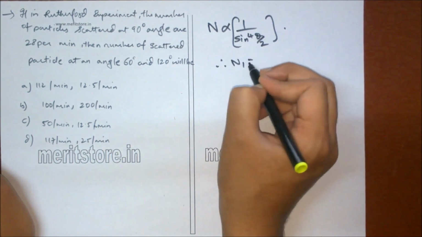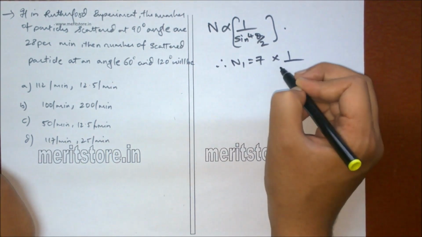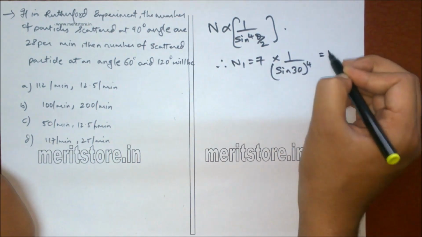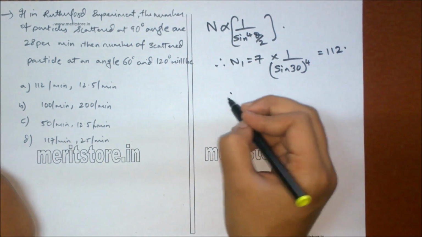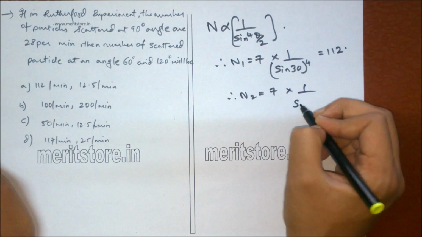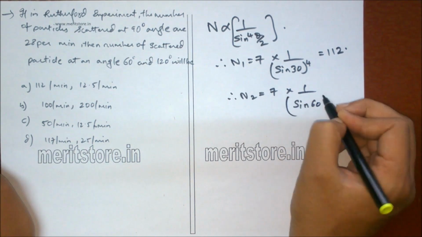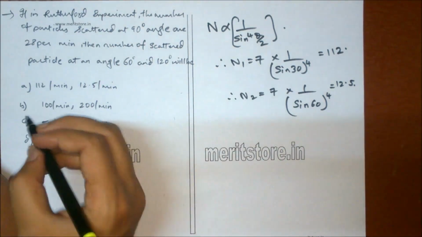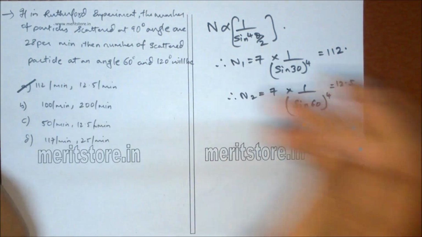Therefore N1 is equal to 7 into 1 upon sine 30 raised to 4. We get 112, and N2 is equal to 7 into 1 upon sine 60 raised to 4, which is equal to 12.5. So option A is the correct answer.